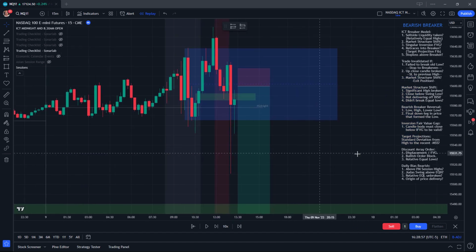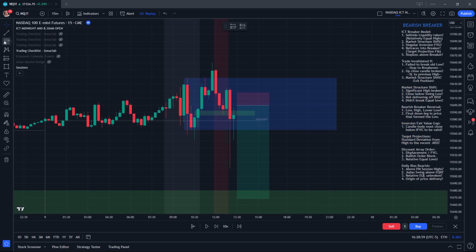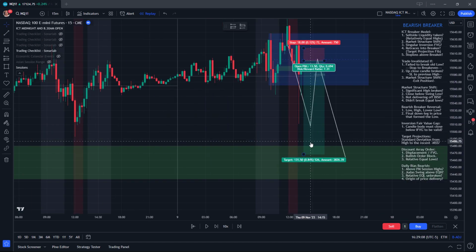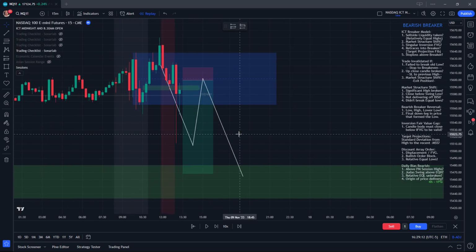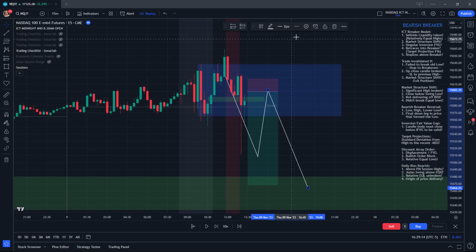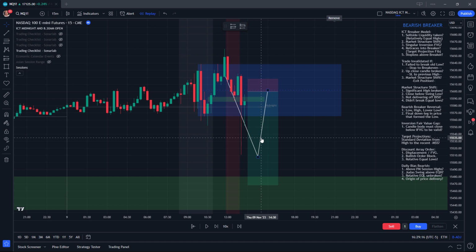Let's just remind ourselves of what we're expecting to happen. We're expecting price to do something like this. That would kind of make sense, wouldn't it? Because we've got that 4-hour fair value gap. So we're not completely aiming in the dark.